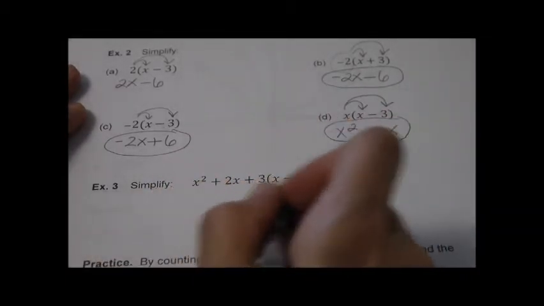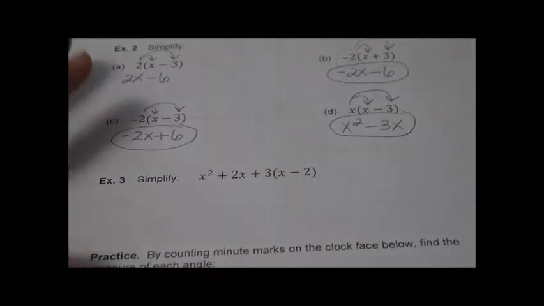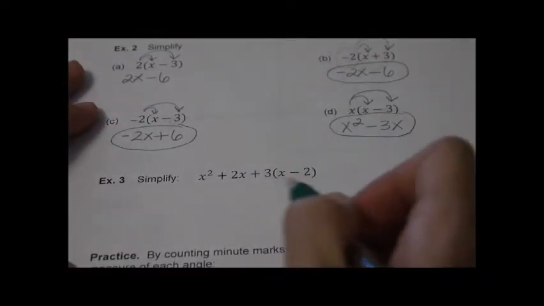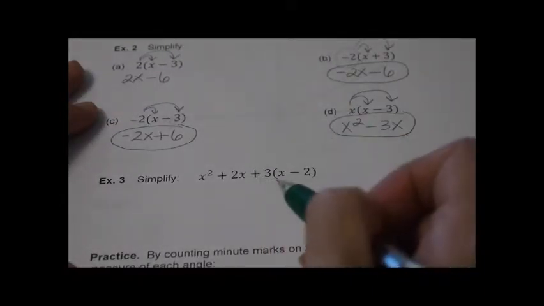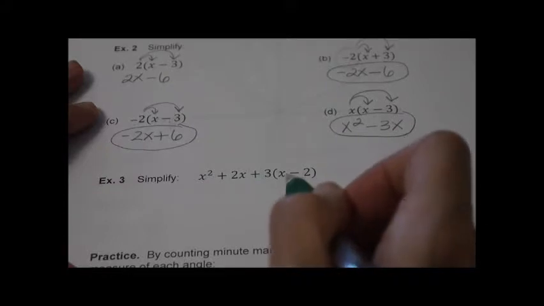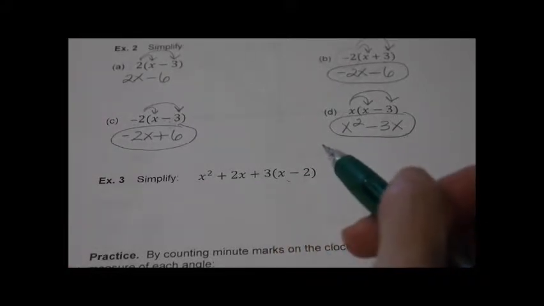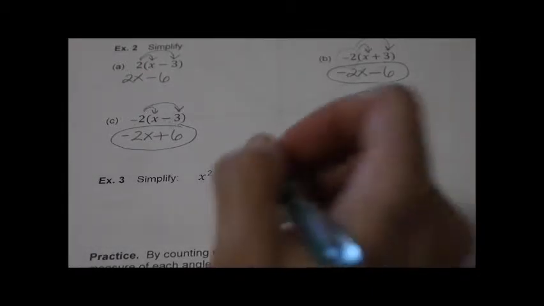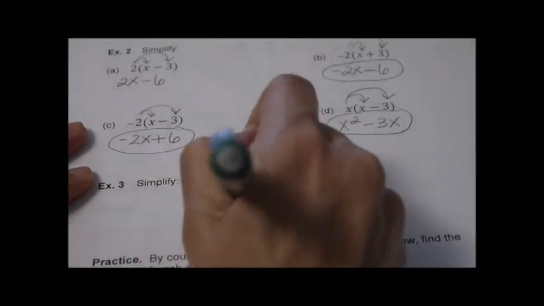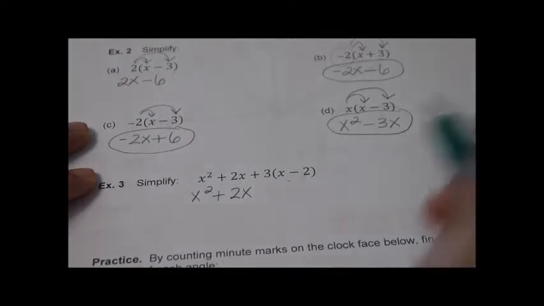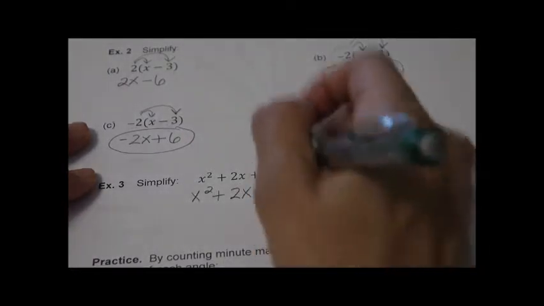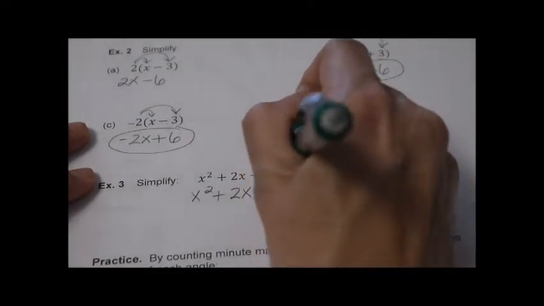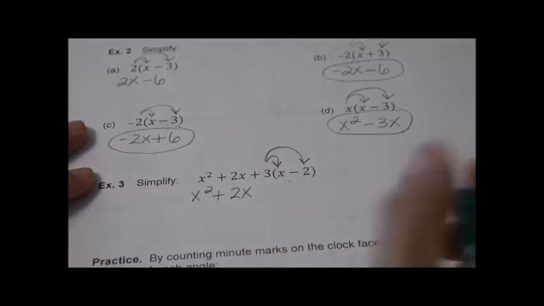Now when we simplify this variable expression, we want to get rid of a parenthesis first. So we have to use the distributive property to get rid of this parenthesis. This was in a worksheet I gave out last week. And now we're going to address how to do those. Okay, so there's nothing we can do yet. These two just need to come down to the next line to wait their turn. And now we're going to deal with the 3 times x and 3 times -2.